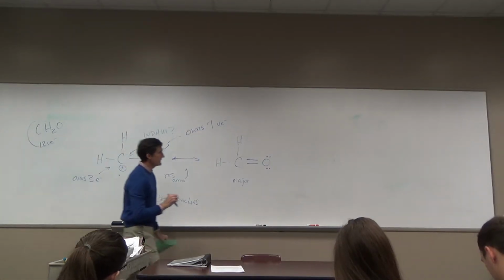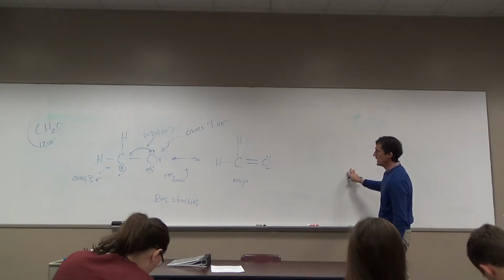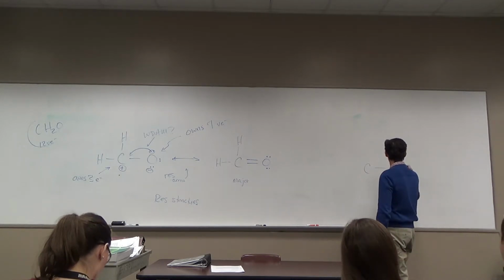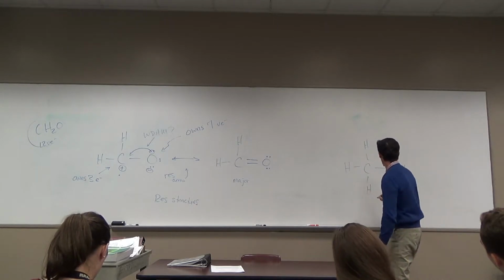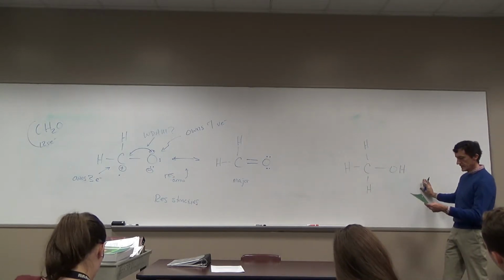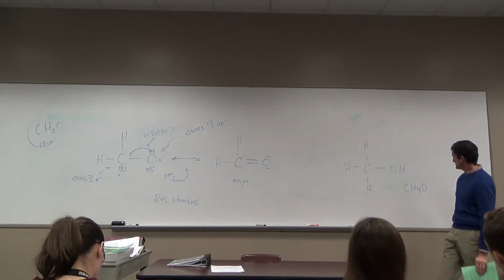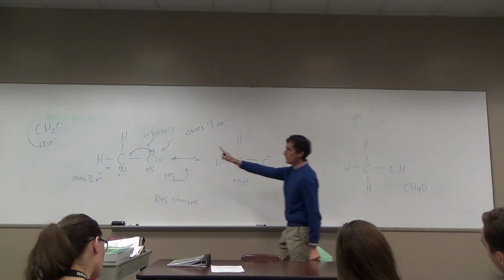Okay, DUS. I erased, but let's go back to, well, I erased because that was Friday. On Friday, we drew a structure that looked like this, right? CH4O. A C and an O with 4 H's, C and an O with 2 H's.